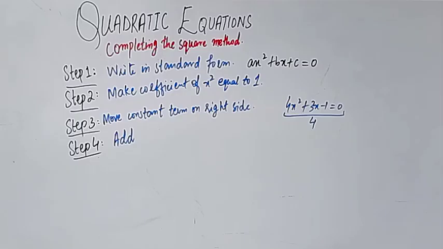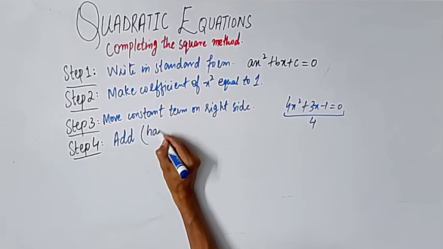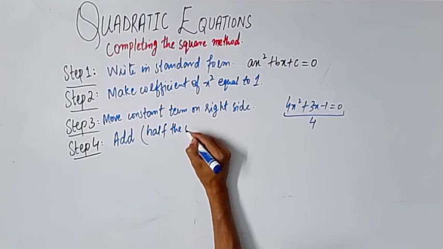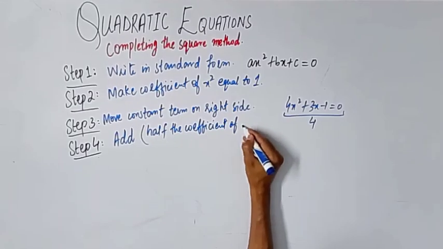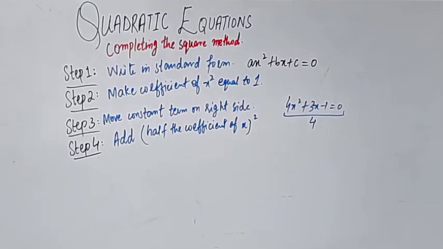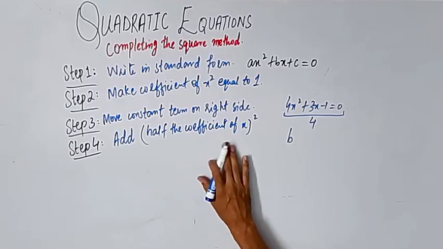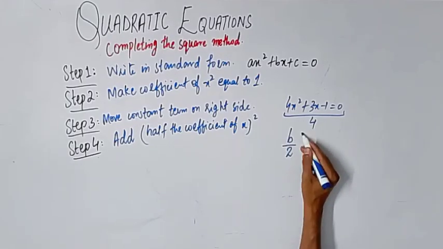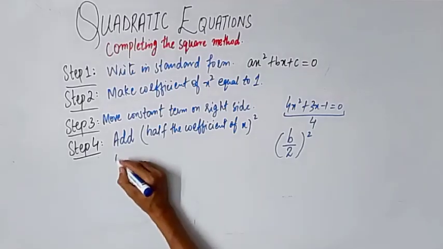In step number 4, you need to add half the coefficient of x, and then its square, meaning you need to add b upon 2 whole square. For example, if the coefficient of x is 3, you have to add 3 upon 2 whole square on both sides of the equation.